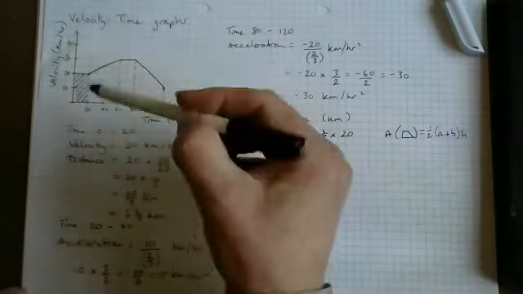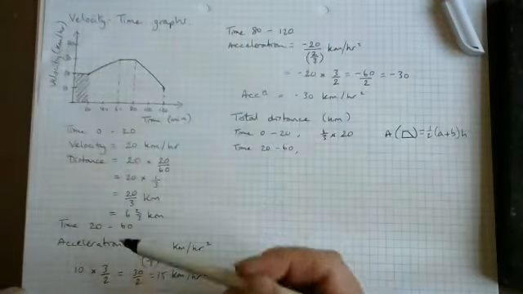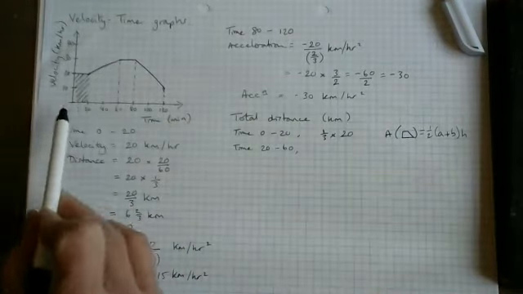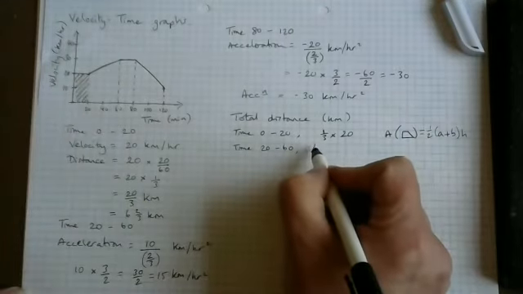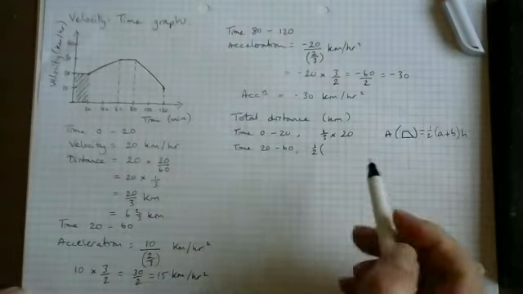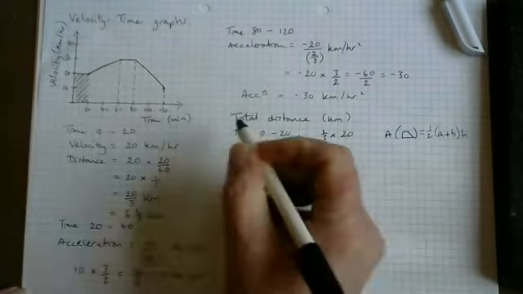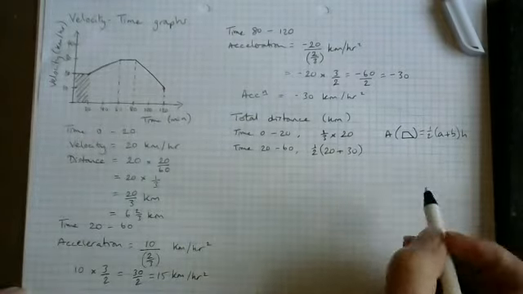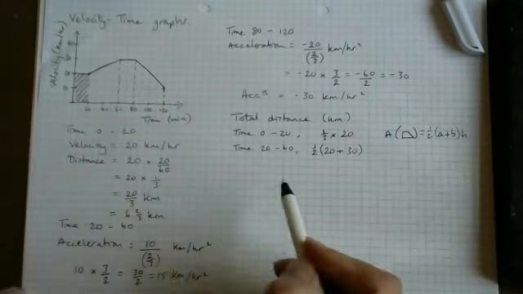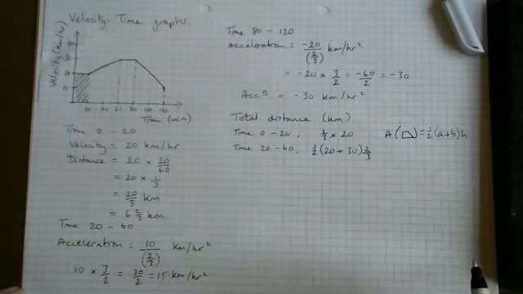Now for this trapezium, this is the top or the base. This is the top or the base. This is the height. So for the area of this trapezium, I've got a half times one of these lengths, or say 20, plus this length, which is 30, times the height, that's 40, but that's 2/3 of an hour. 40 minutes, 2/3 of an hour.